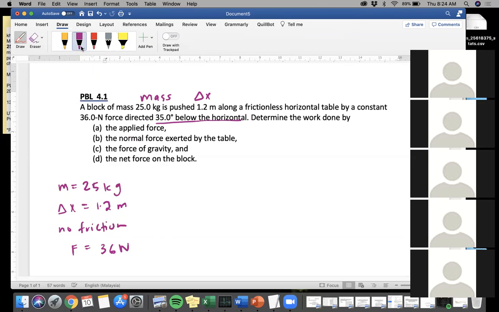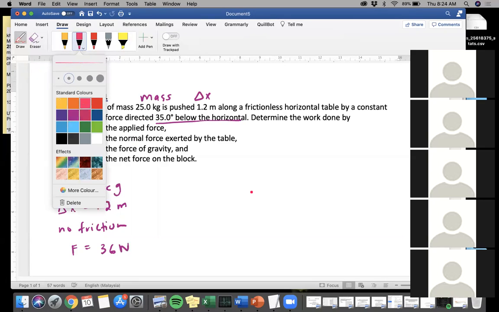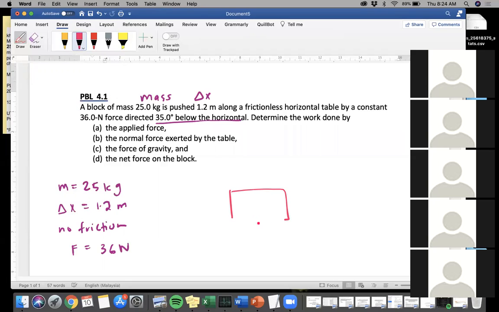So let's try to draw this. It's very important to draw it. So this is your box. Below the horizontal. First, I label my horizontal and the 35 is below the horizontal. How would that look like? Anyone wants to try?